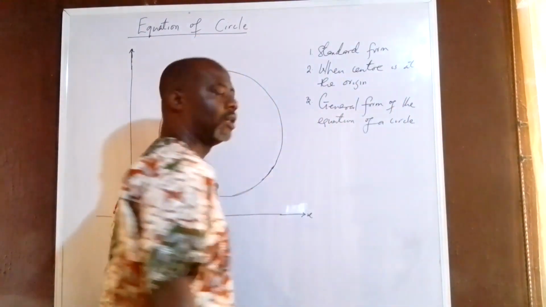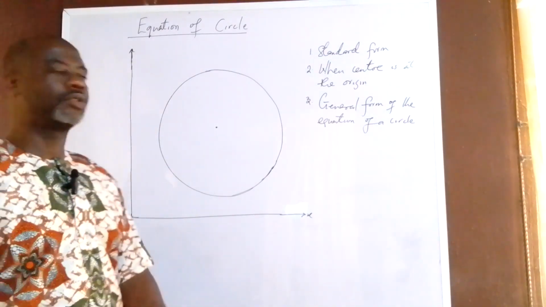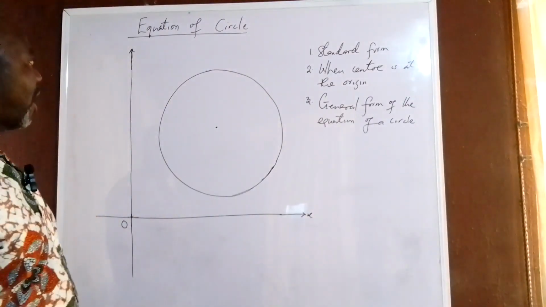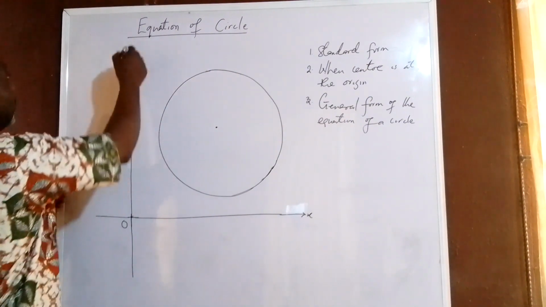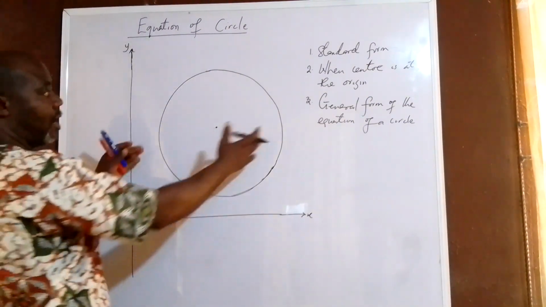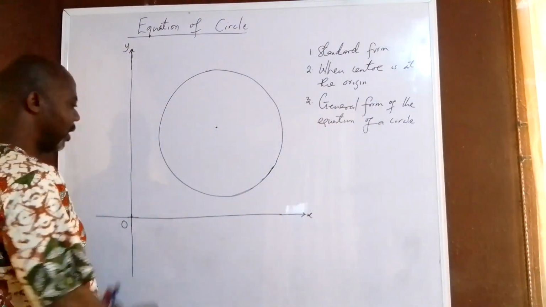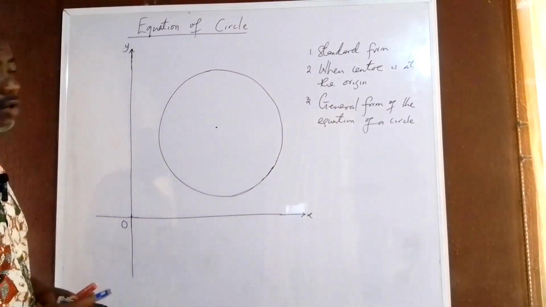Okay, so these are the three things we are going to be looking at. Since we have this circle located within the quadrant in a Cartesian coordinate system.